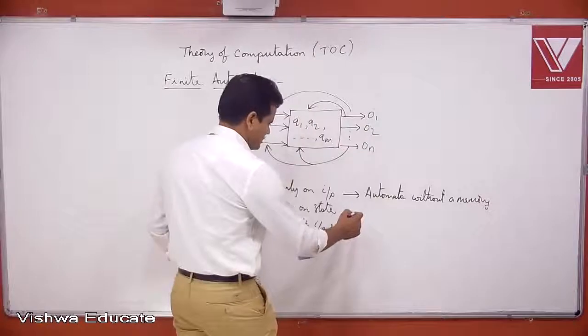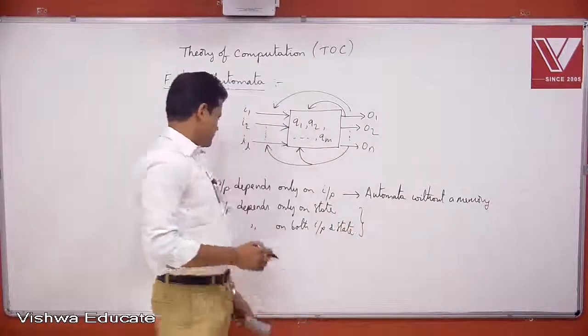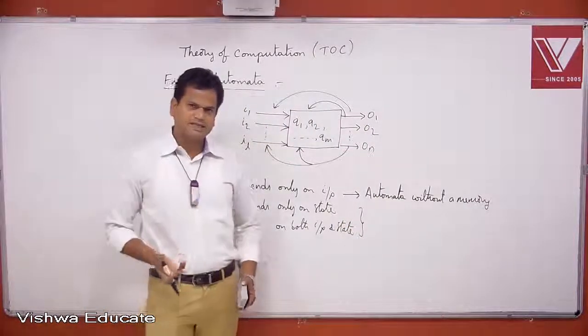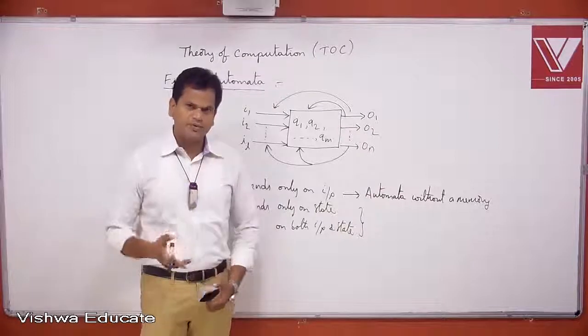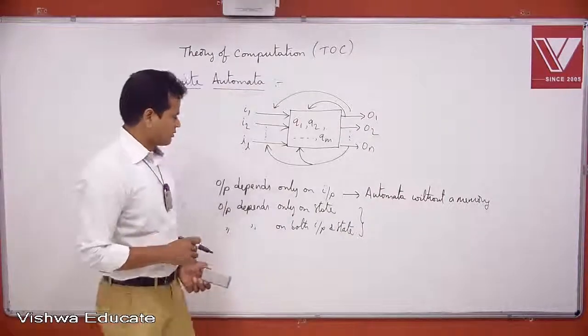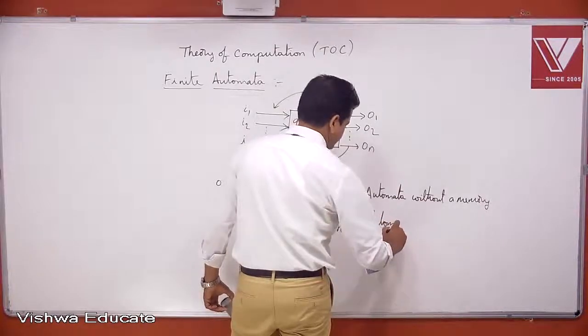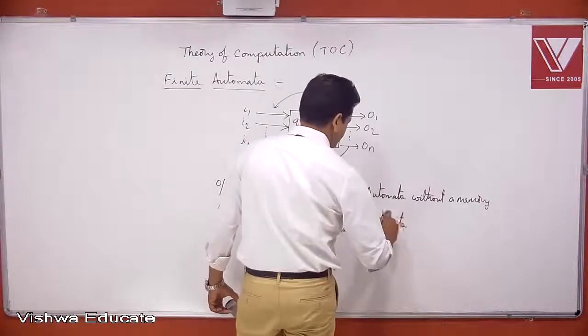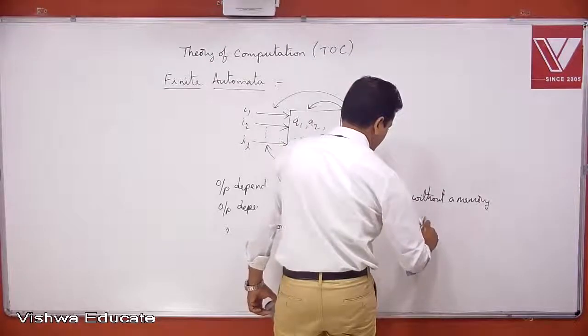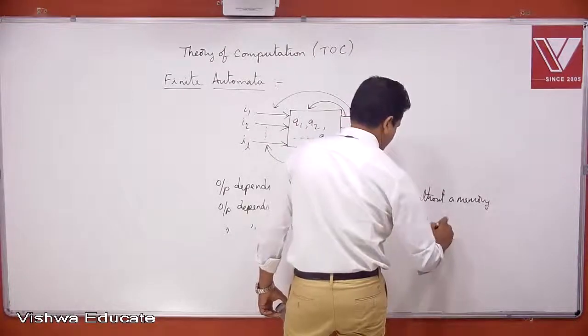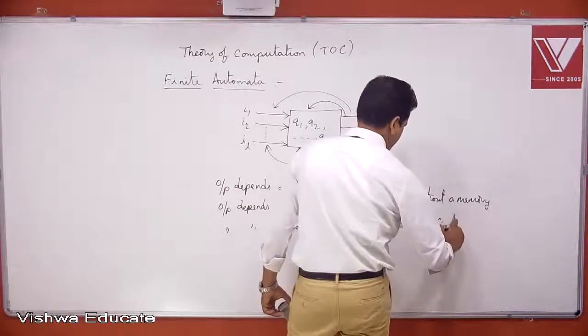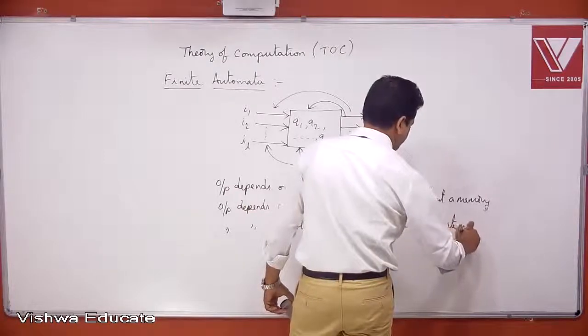And in these two cases, if the output depends either on state only or on both input and state, it is called automata with finite memory.